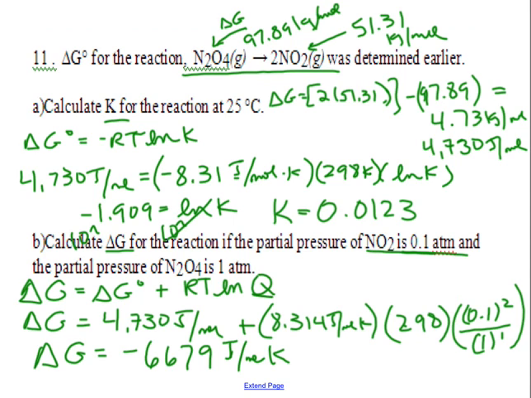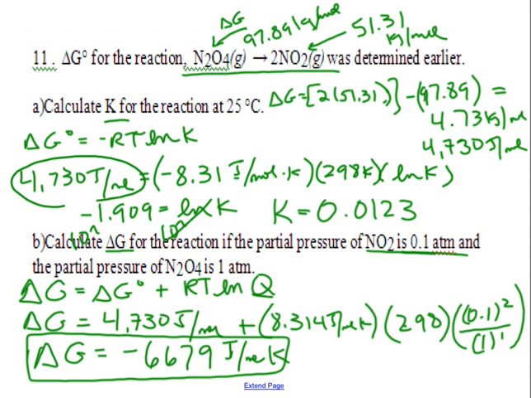So if you look, what happened then to this reaction, what happened to our G? It became spontaneous, right? So when we messed with our values, we went from a positive delta G to a negative delta G, right?